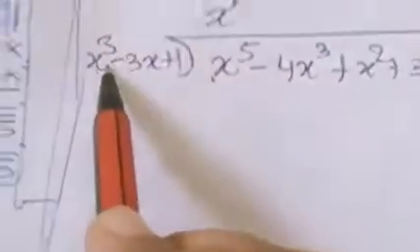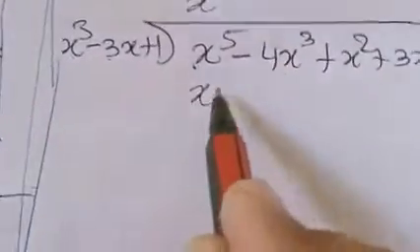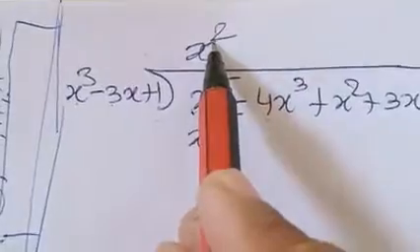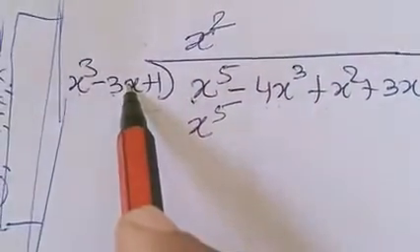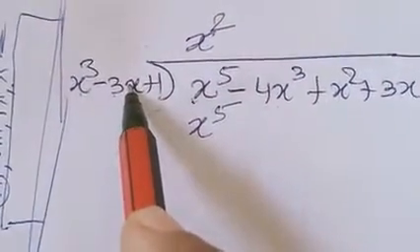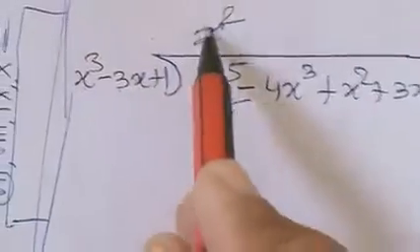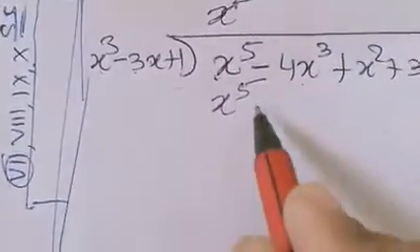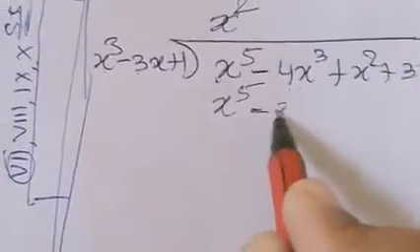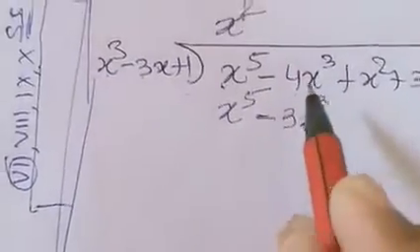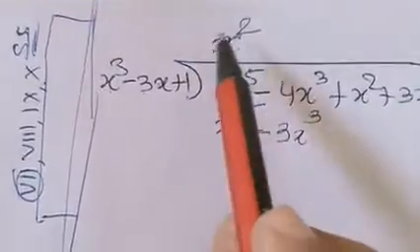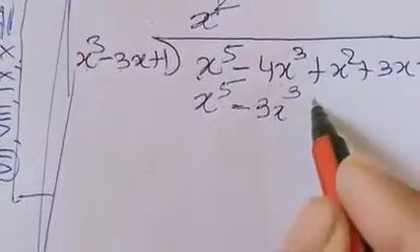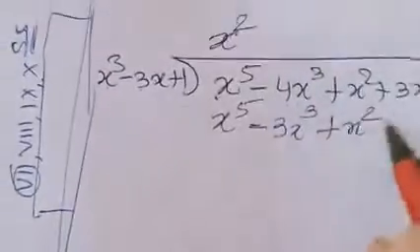Now x square into x cube is nothing but x raised to 5. x square into 3x, minus 3x is there, then we use the minus sign. x into x square, that is x cube. Then what will I write? Minus 3x cube. Next term is plus 1 into x square. Multiply by 1 is the same term, x square.